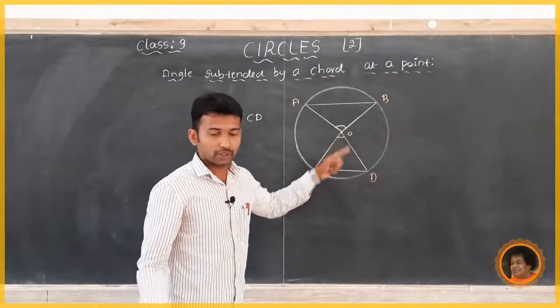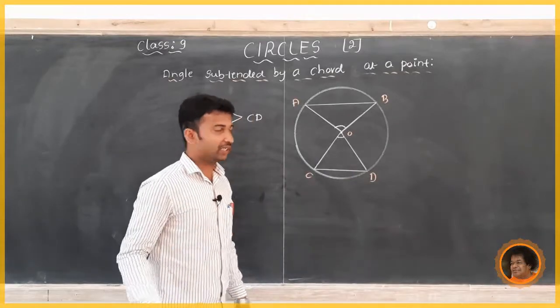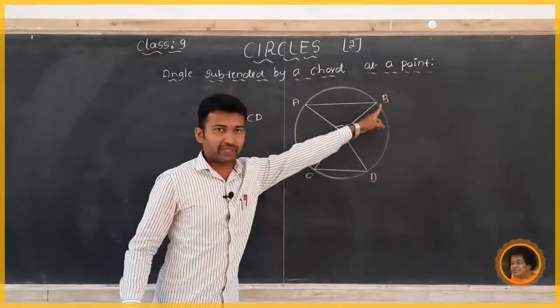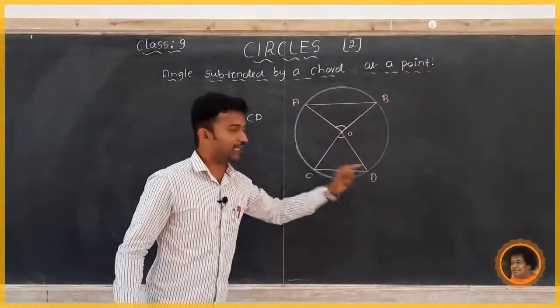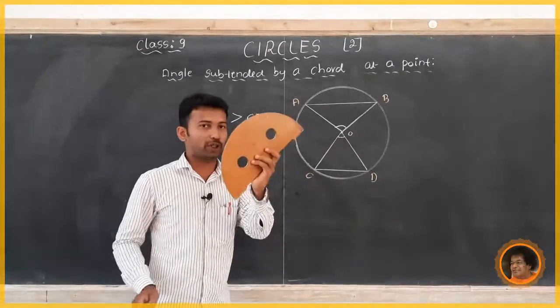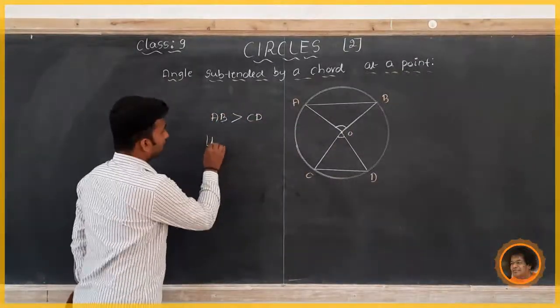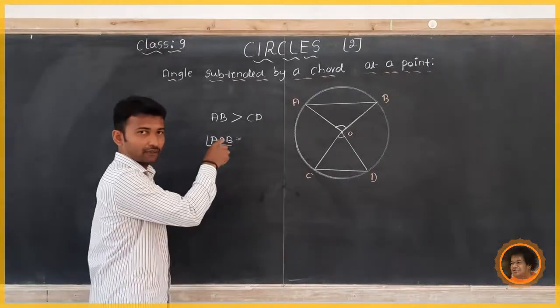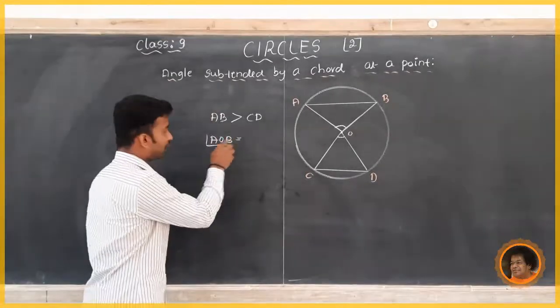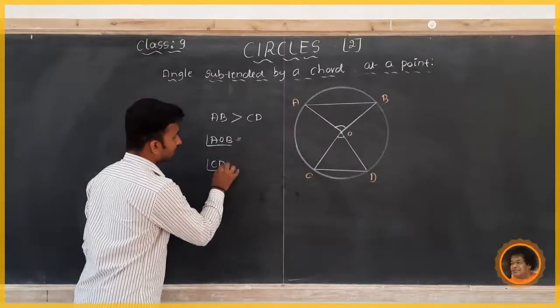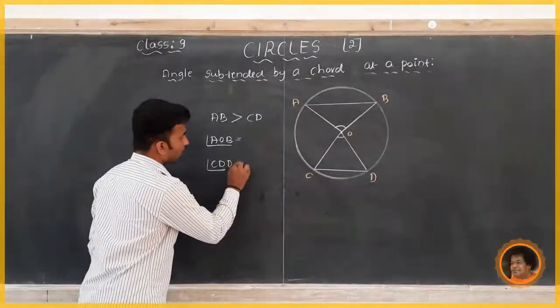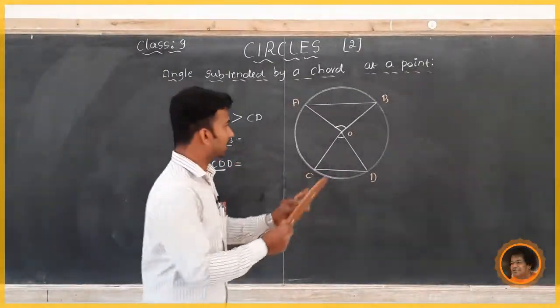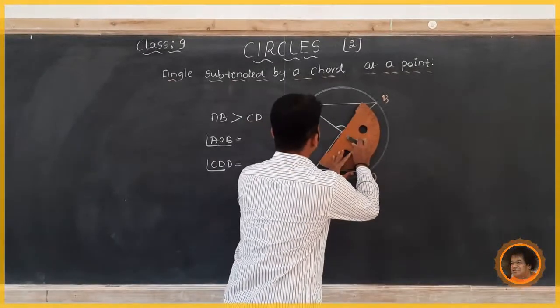Now, measure the angles AOB and COD by using a protractor. We need to find the measure of angle AOB and angle COD. Now, by using the protractor, measure the angle.